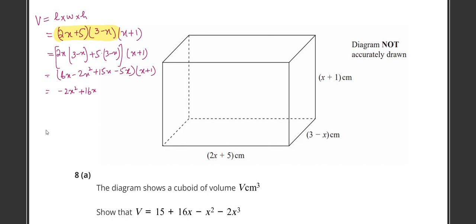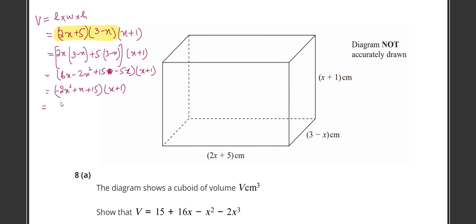Oh, I think there is something wrong. 5 threes are just 15, not 15x. So therefore, this will turn out to be minus 2x squared, 6x minus 5x will become positive x, positive 15, and now x plus 1.